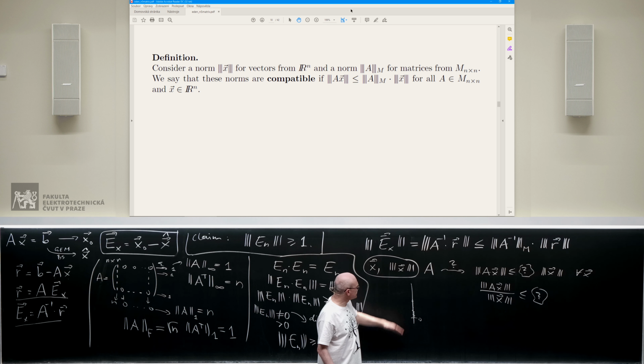Now, typically, some of these vectors, when they are sent over, change orientation and change magnitude, and we are not really interested in the case when they are getting smaller. This is no problem. But what we sometimes don't really like is when vectors are getting too large under such a transformation.